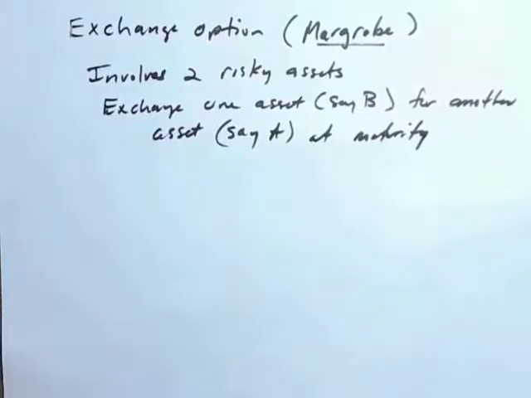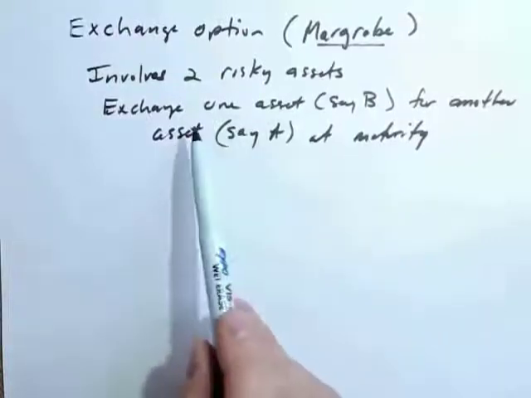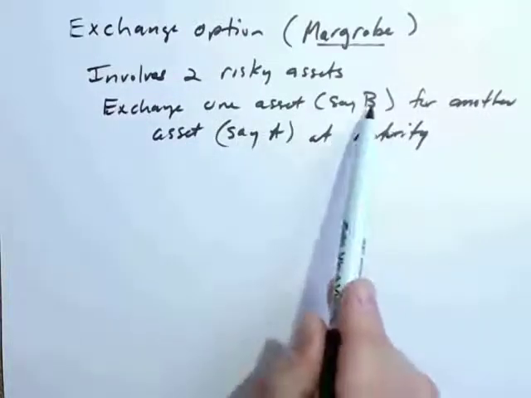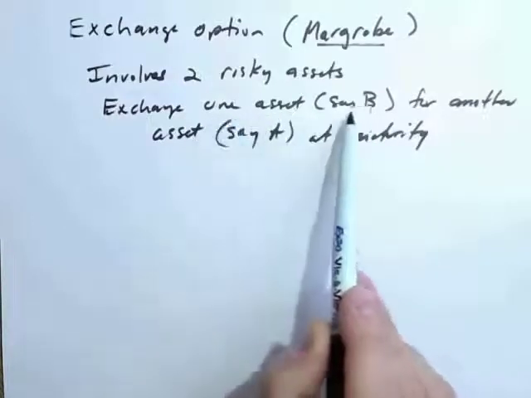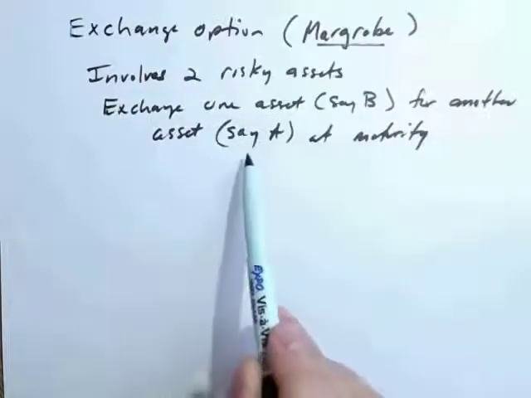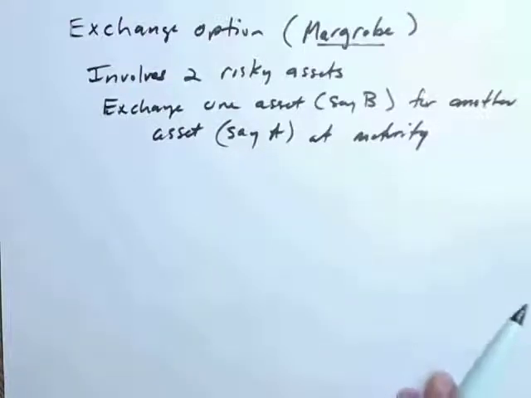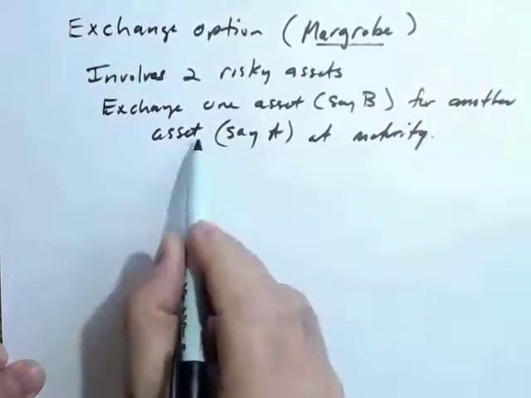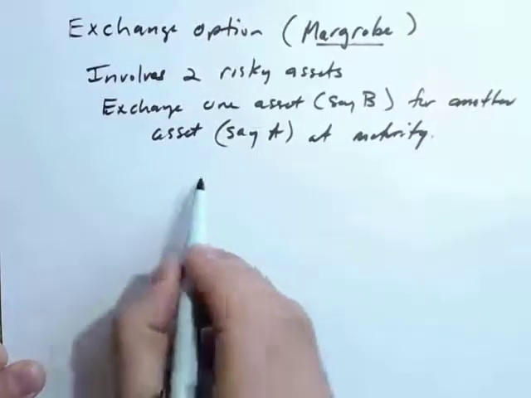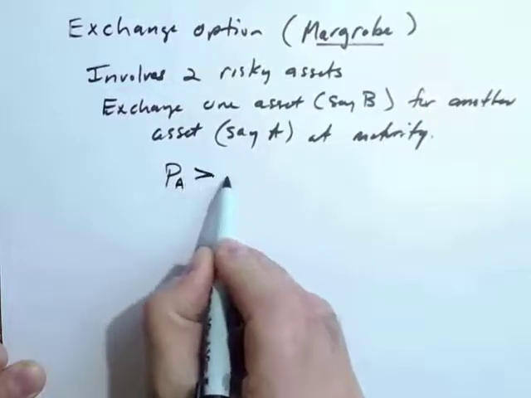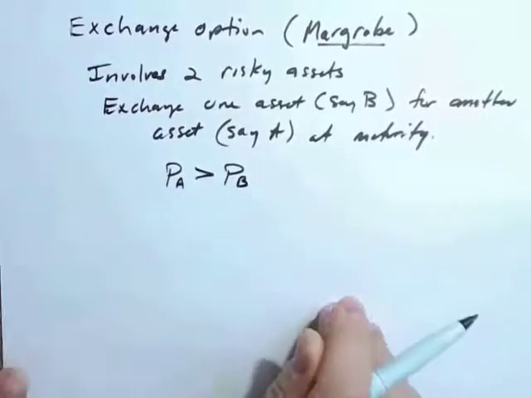Now an exchange option can be for any number of shares, but for simplicity we're going to assume that it's a ratio of 1-to-1 shares of stock that are going to be exchanged. So we're going to exchange one share of stock B for another share, say stock A, at maturity. Now this option here, you'd only exercise it if the price of A exceeded the price of B at maturity.